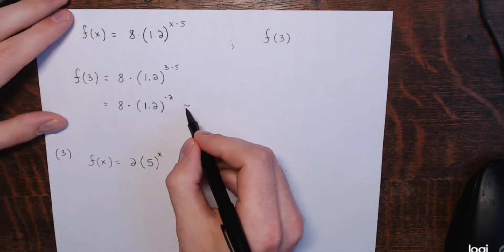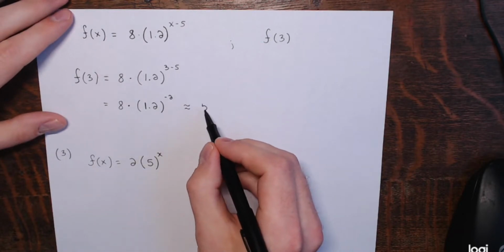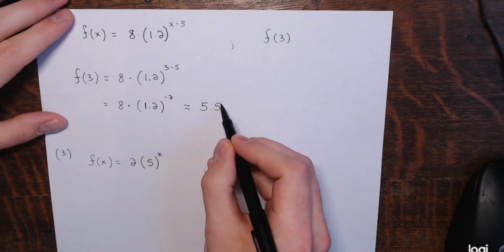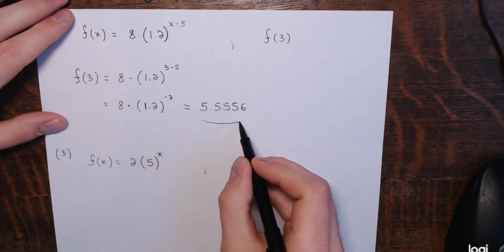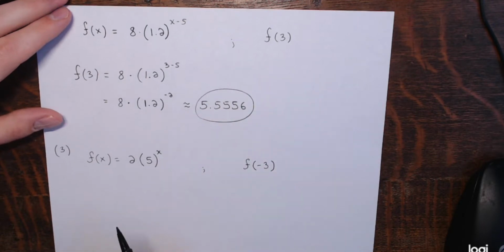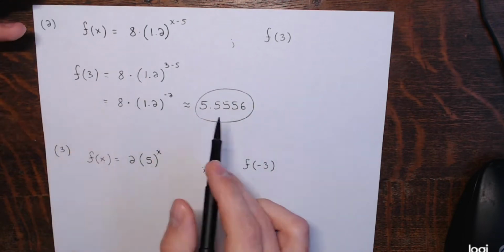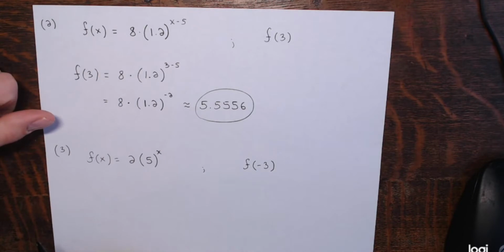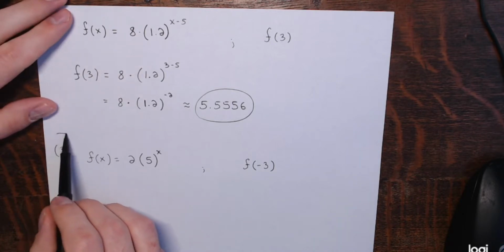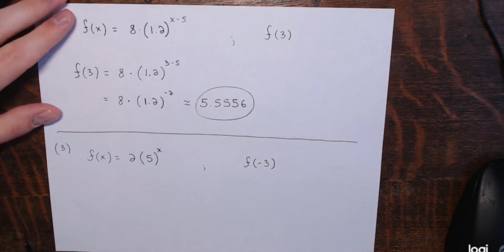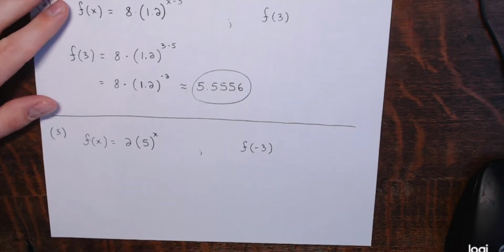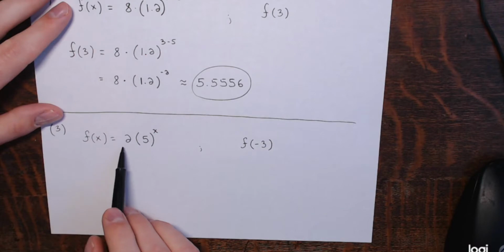So it's approximately 5.5556. There you go. That's all they want. Input 3, output, a little more than 5.5. That's it. And again, that's all I'm really doing for this video. Okay. Here we have f of x equals 2 times 5 to the x.